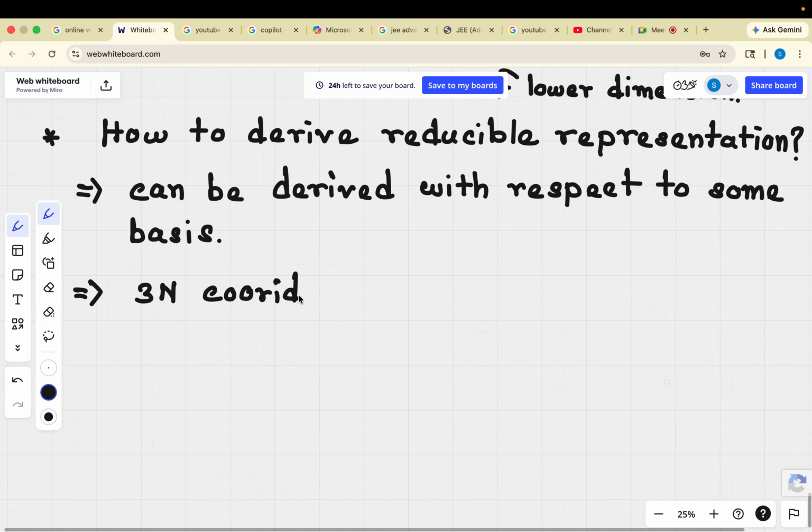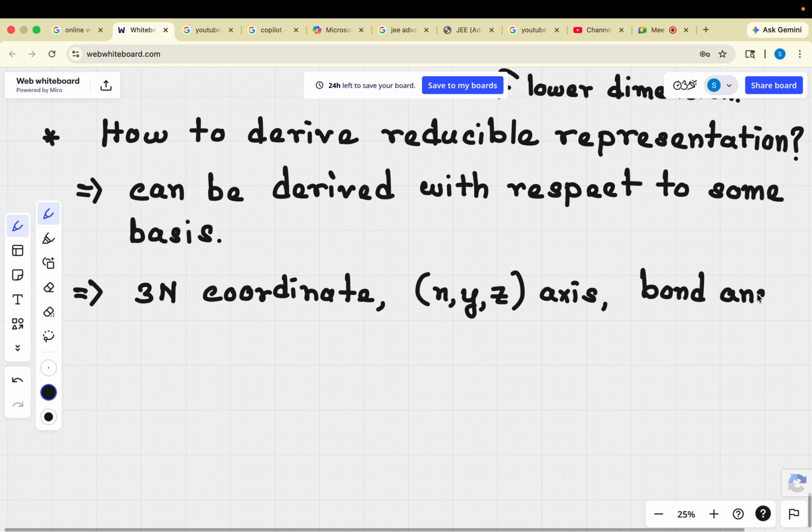Along this we can do xyz axis. We have bond angles. So these are the parameters we have to take care of: bond angles and bond length.